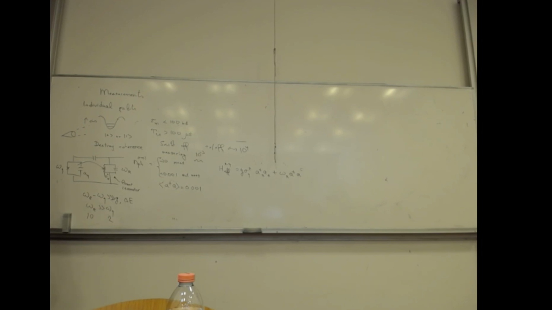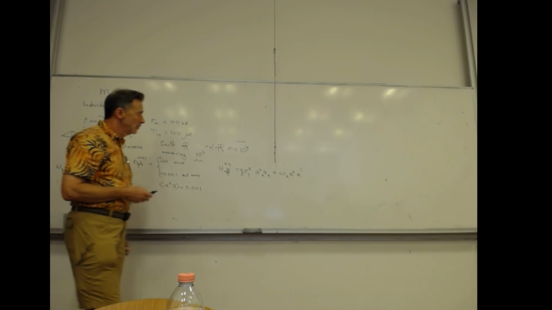Physically, the coupling is just a capacitor. Because you have a virtual process in which the photon jumps into the qubit, and the qubit is nonlinear, you get this in second order perturbation theory.